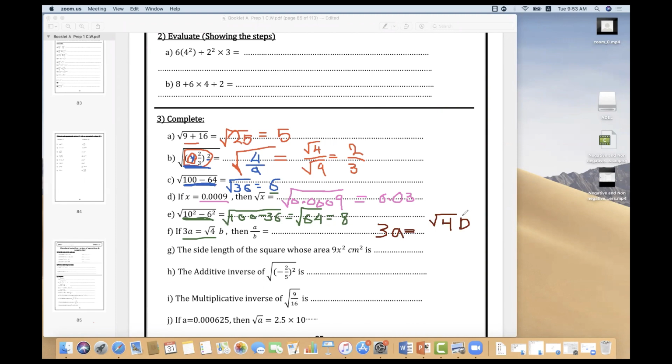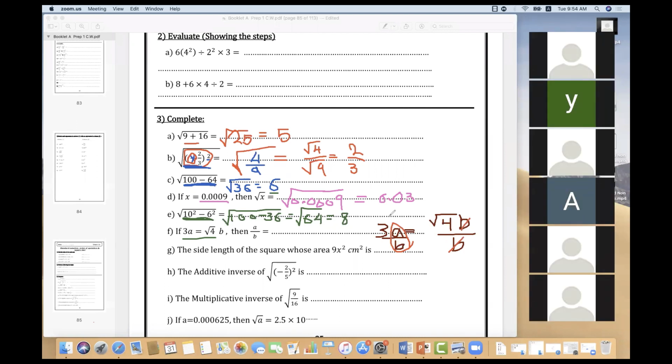So I have to put a over b on one side and everything else on the other side. So the first one, I have to divide by b in both sides, because I need a over b. So I now have a over b here, and b cancels with the b by 1. So I don't need the 3 from here. How can I write the 3 from this side?